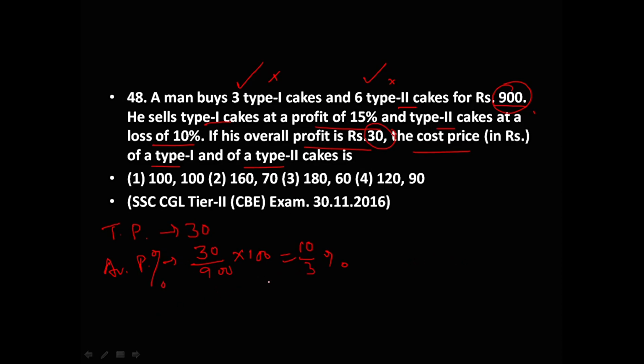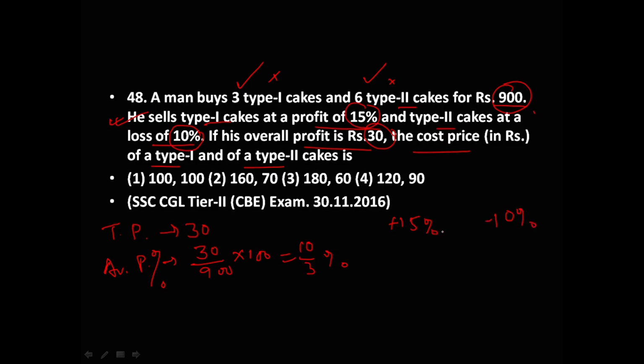So now you can get the ratio of type 1 and type 2 cakes' CP. How? Here it is mentioned that type 1 cake is sold at 15% profit, whereas type 2 at 10% loss. So we will use what?